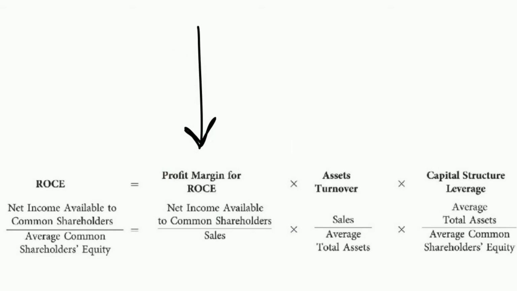The numerator for profit margin for ROCE is the net income available to common shareholders, while the numerator for profit margin for ROA is net income with after-tax interest expense and non-controlling interest added back, which yields a measure of profit before deducting financing costs. The different numerators are aligned with the different denominators, common equity for ROCE and total assets for ROA.